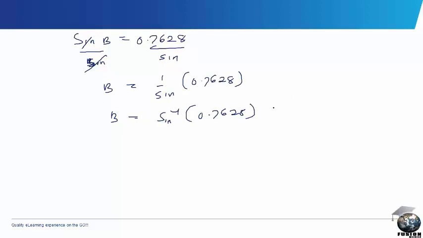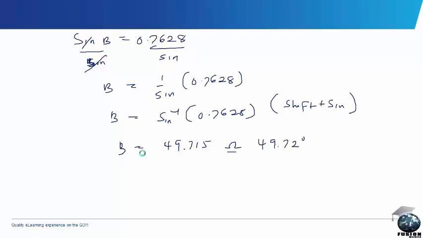Sine inverse is obtained on your calculator by pressing shift sine, then inputting the number 0.7628 and pressing the equals key. That gives 49.715, which is approximately 49.72 degrees.